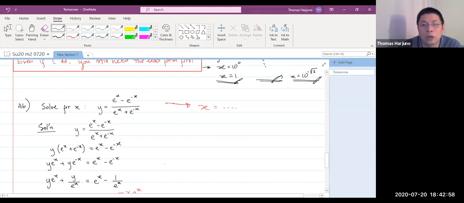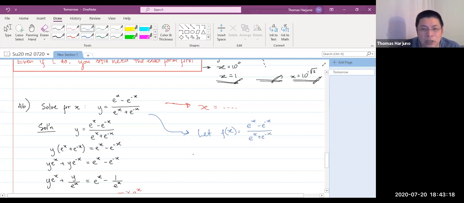Now, let me continue with this question. In fact, if I call this f of x equals e to the x minus e to the negative x over e to the x plus e to the negative x.